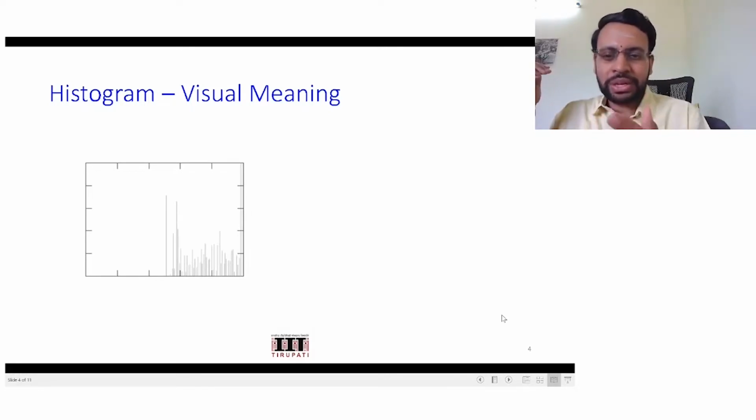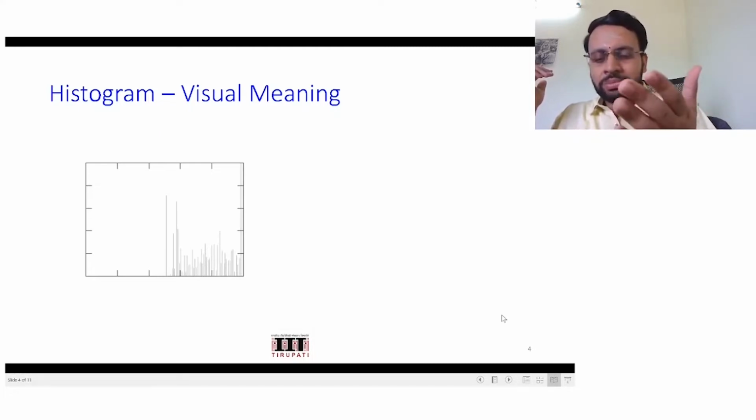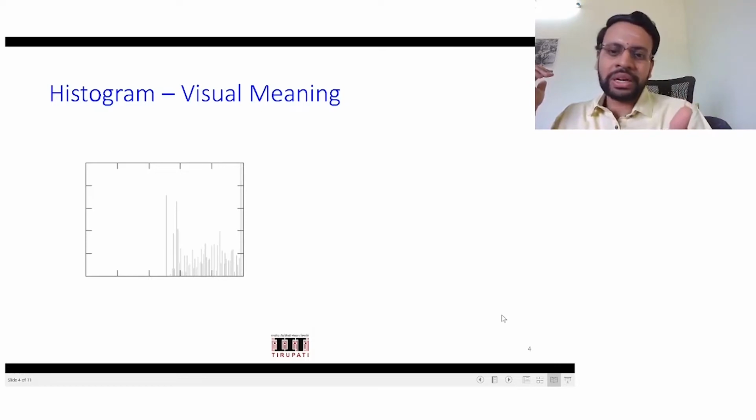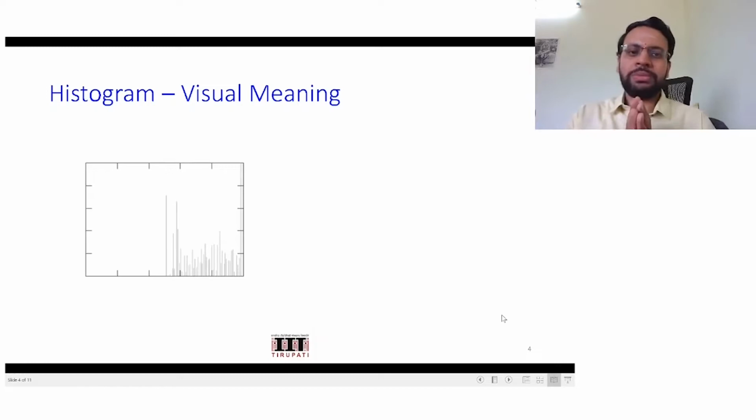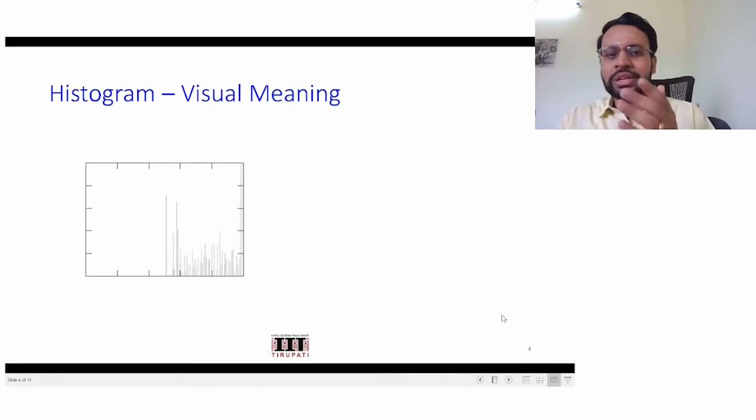Take the histogram here. What can you say here? Again, assume you have a set of intensities from, let's say, 0 to 255. That's clearly telling you that you have intensities somewhere from around 200 to 255, which means you could say about that image that the contrast is less and the image intensities are on the brighter side.